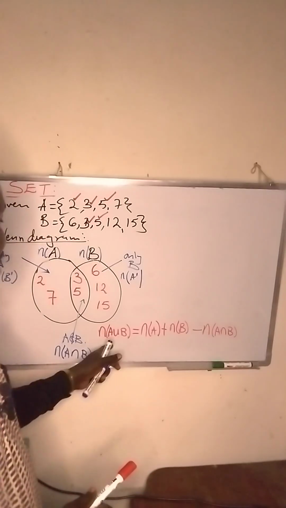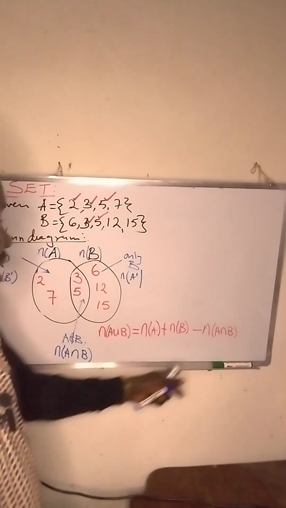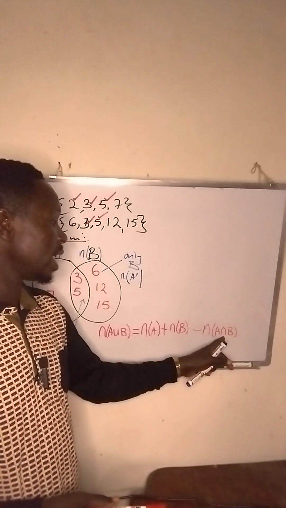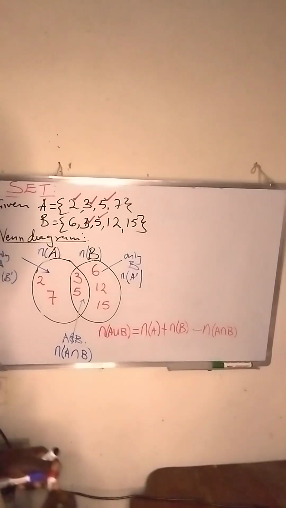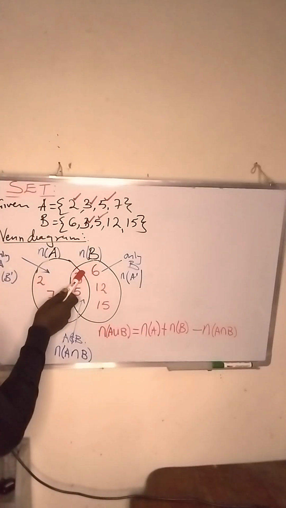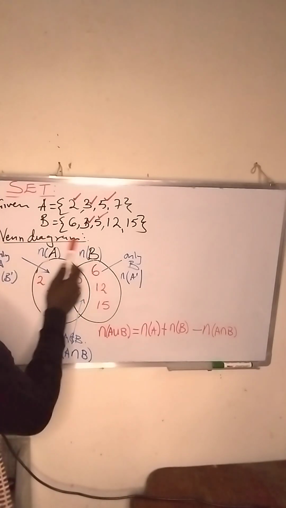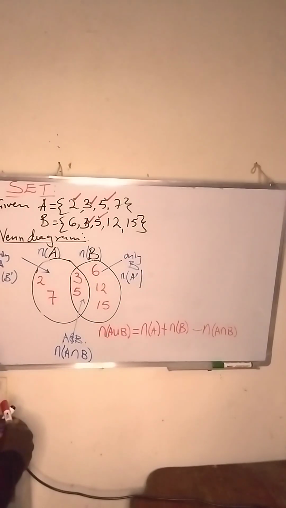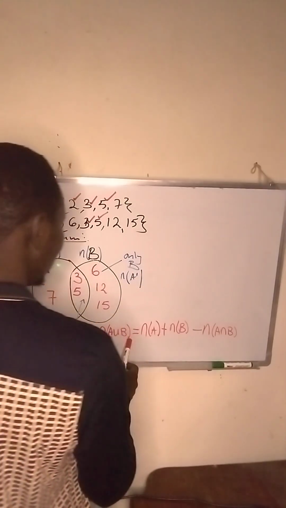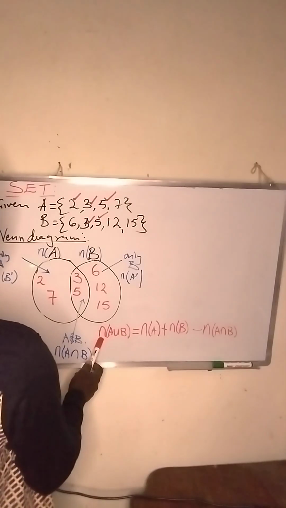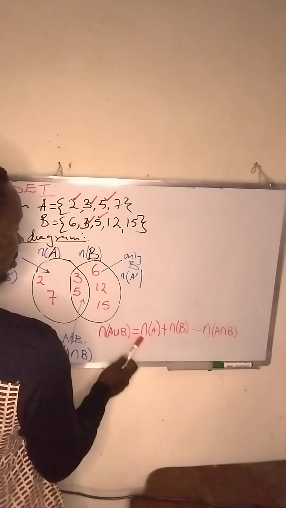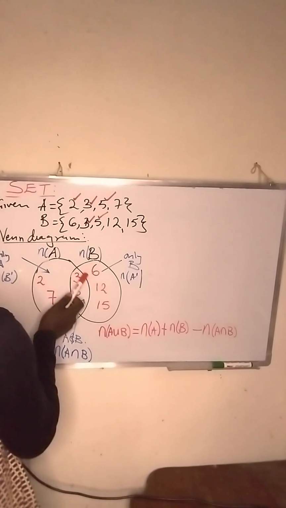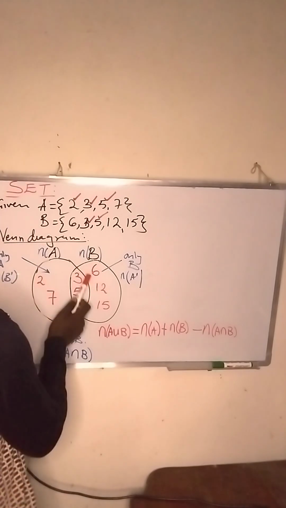Why is it that we are subtracting the number of A intersection B again? Look here. To get the total members within this very set, all of it, we write it as the number of A union B. But to get the total number of members in A, you add the whole of this one.